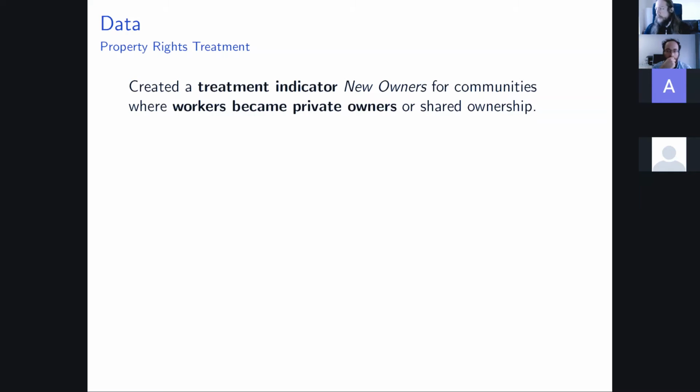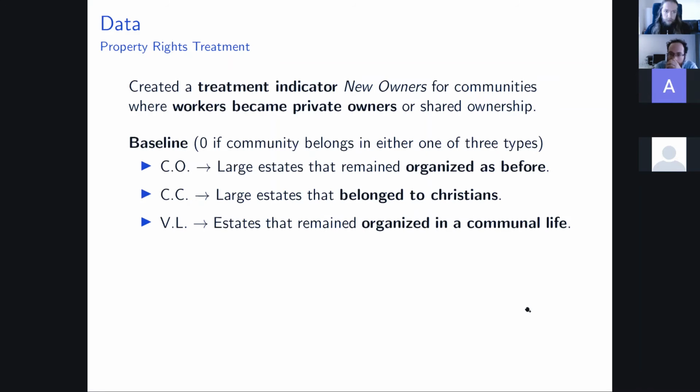But using this, we create a treatment indicator, essentially for communities where workers became private owners or shared ownership for the first time. So the baseline here will take the value 0 if a community belongs to either one of three types.